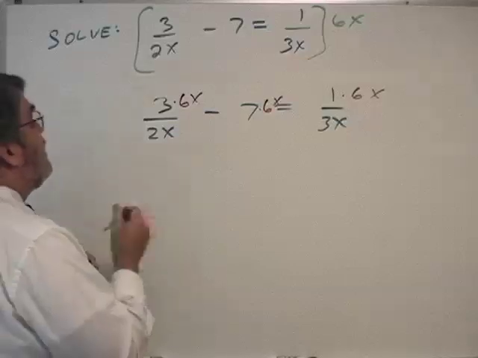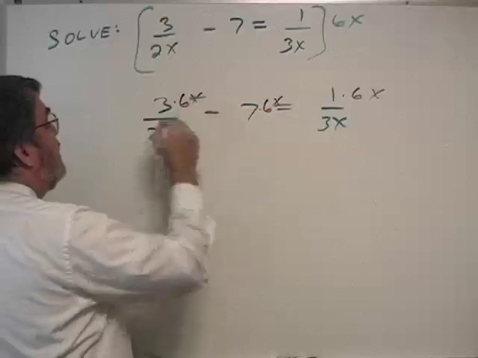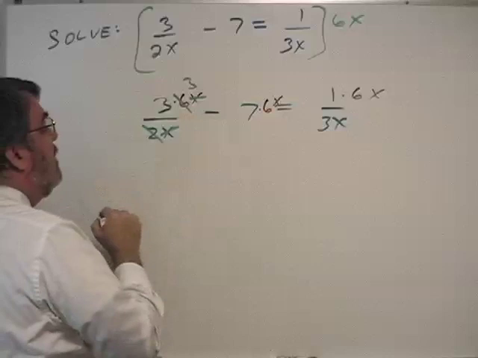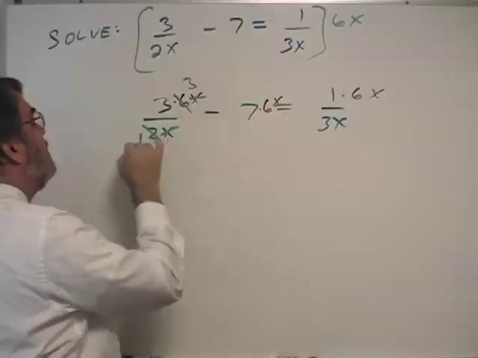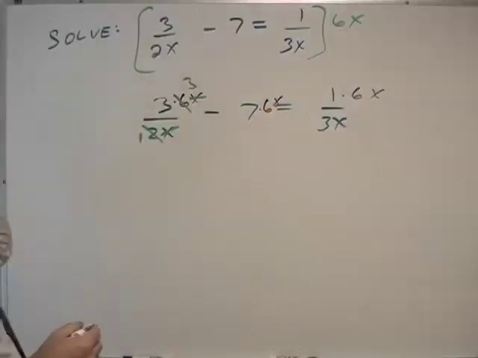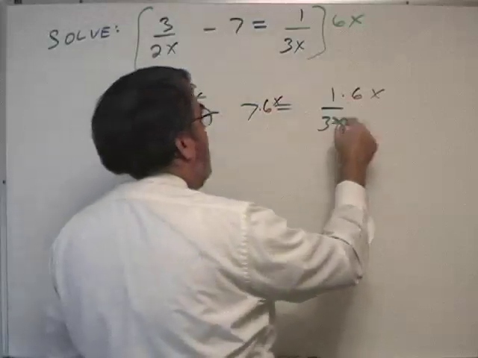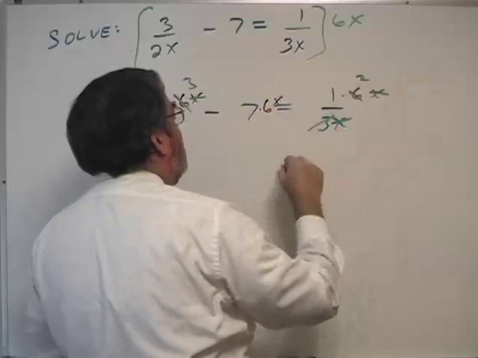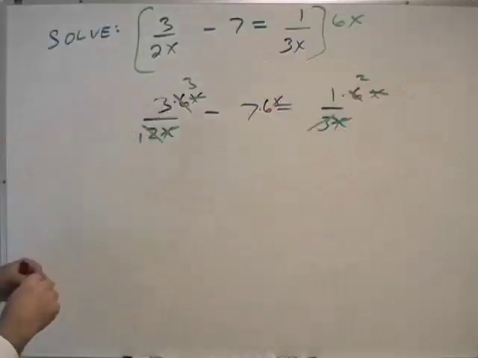All right, so what happens? Well, this x cancels, and 2 cancels with 6, leaving a 3. And there's a 1 left down below, but you don't always have to write that 1. Over here, x cancels, and 3 cancels with 6, leaving a 2.